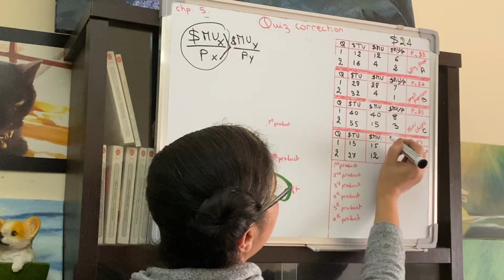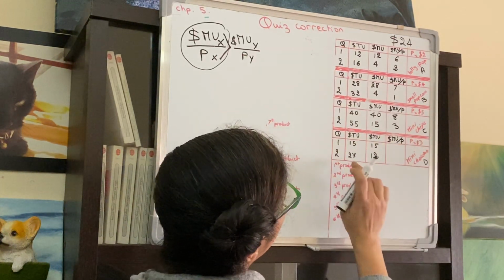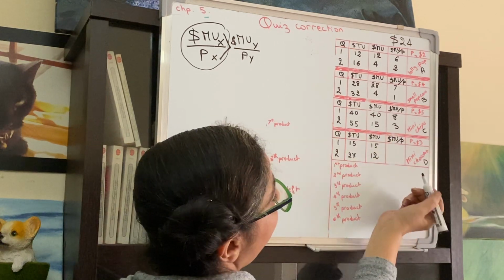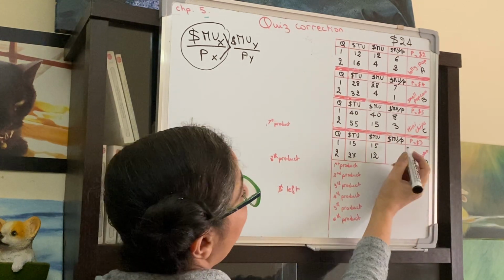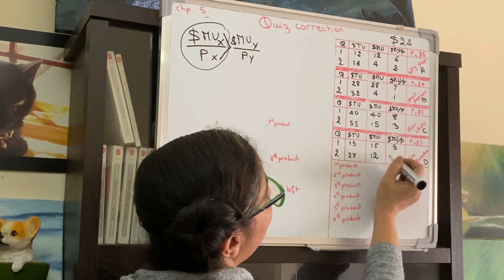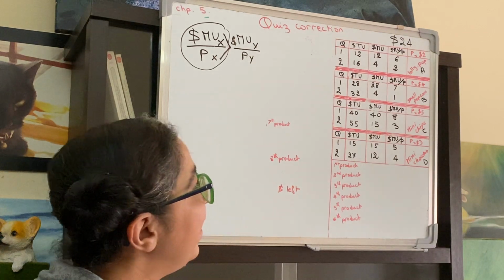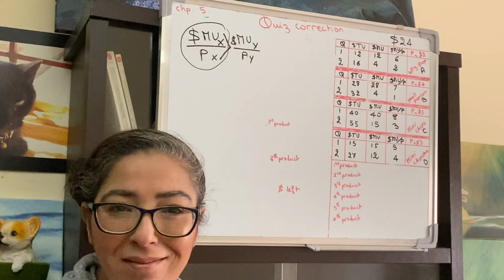Moving on, dollar MU over P, so 15 over 3, that's 5, and 12 over 3, that's 4. Okay, I have them.